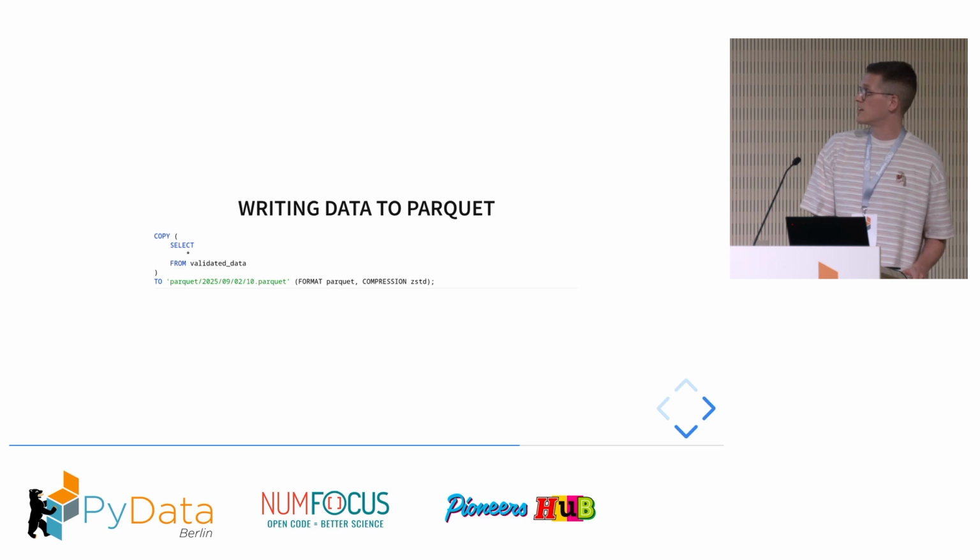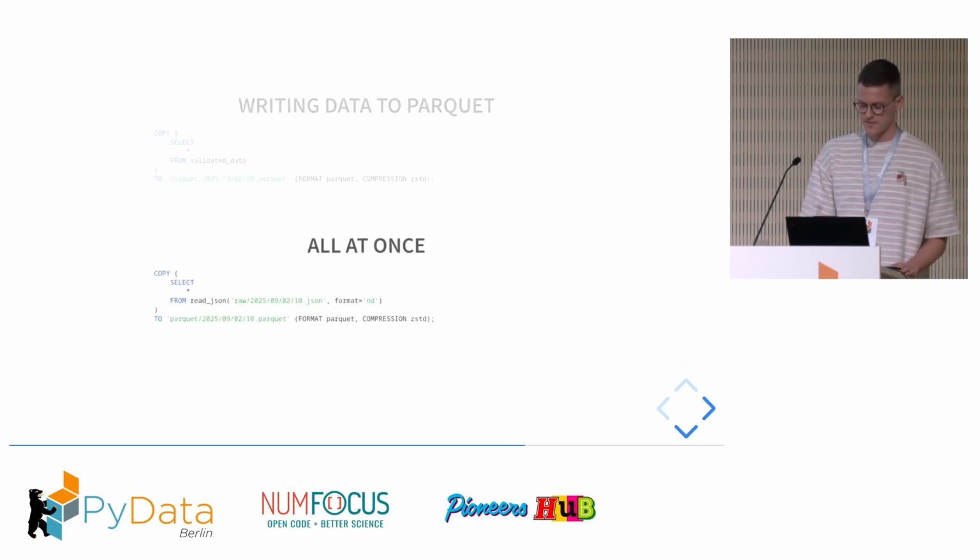And if we want to write data to Parquet, we just select everything from our temporary table and then say copy to Parquet, and also add some compression parameters, which makes it even smaller. It's super easy to use, very simple, yet super powerful for these on-prem pipelines.